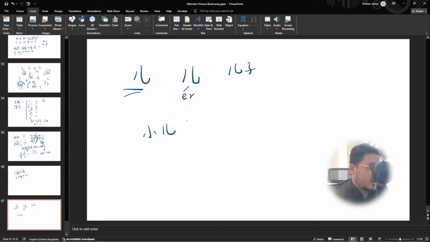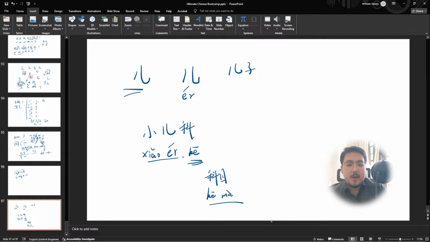For example, we say something is so easy that it's 小儿科. 小儿 is kids, and 科 is like 科目, the classes that you took. 科目一, 科目二, 科目三.